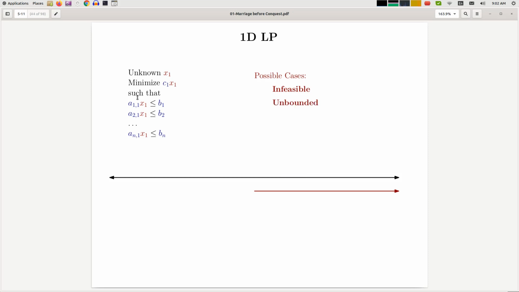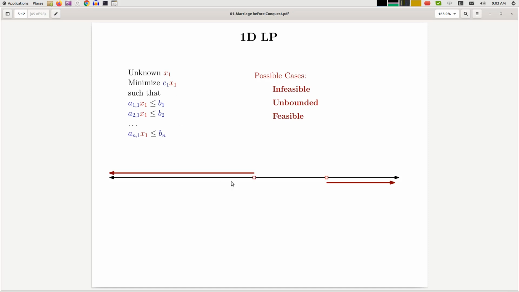For example, if all the a1s are negative, then you're forbidding the right half side of some point, and minimizing x1, the answer could be minus infinity. So unbounded means that x1 is either minus infinity or plus infinity. There is no real number that minimizes: for every real number, we can find another real number that achieves a smaller value.